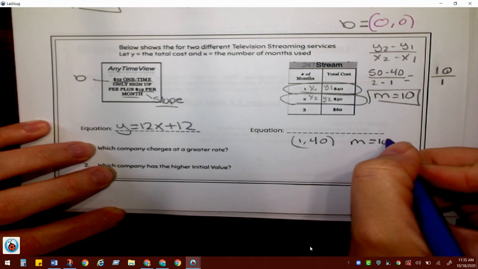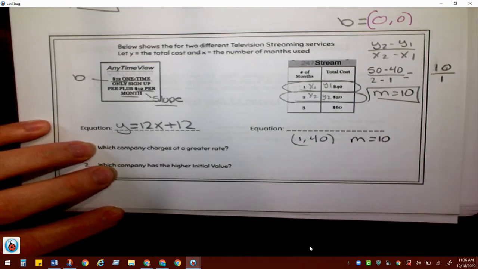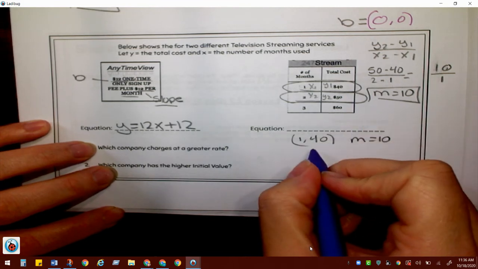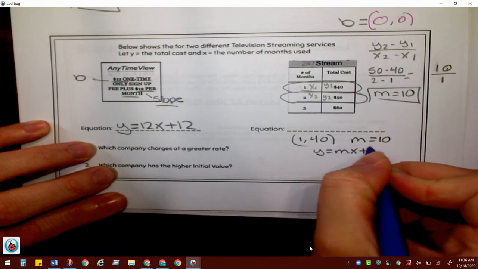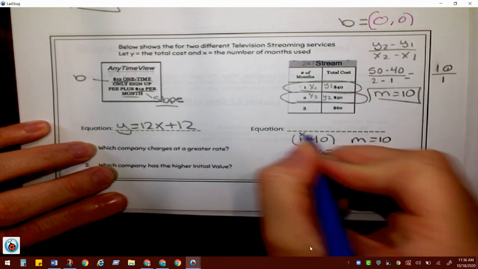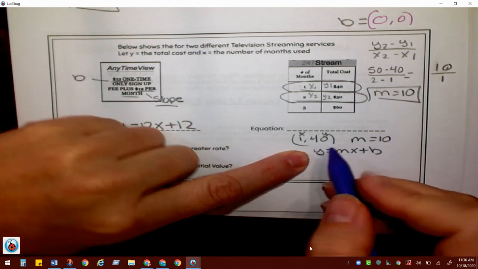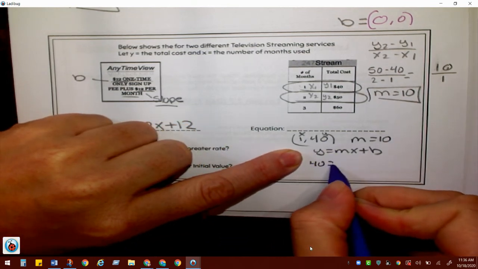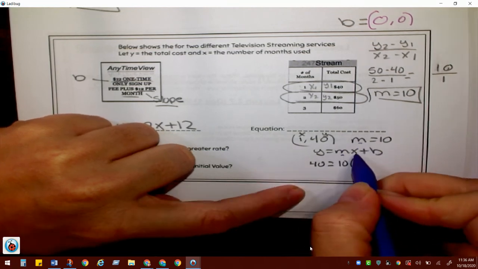And so what I need to do when I have a point and a slope is plug that into slope-intercept form. So y equals mx plus b. So this is my x, and this is my y. So for y, I'm going to put 40, equals my m, which is 10, right? So I'm just plugging in what I know.